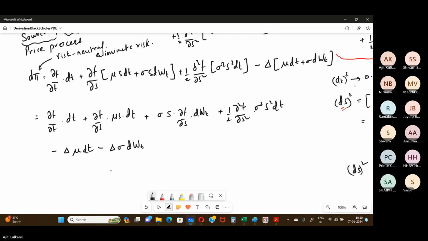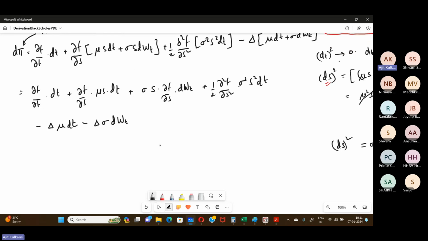Is it right? Please check for the signs and everything. So we have this term, then this term, plus half of dou square f by dou s square sigma square dt, minus delta mu dt, minus delta sigma dWt, correct?